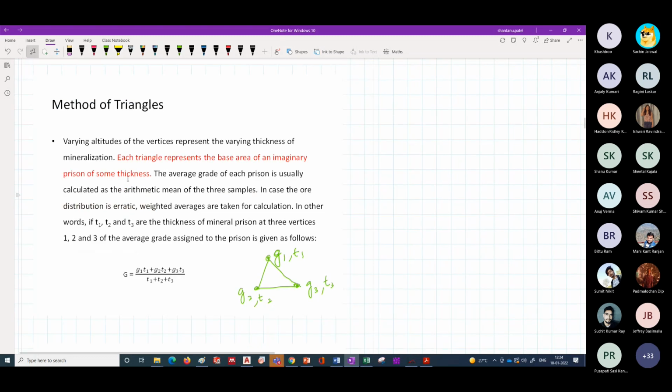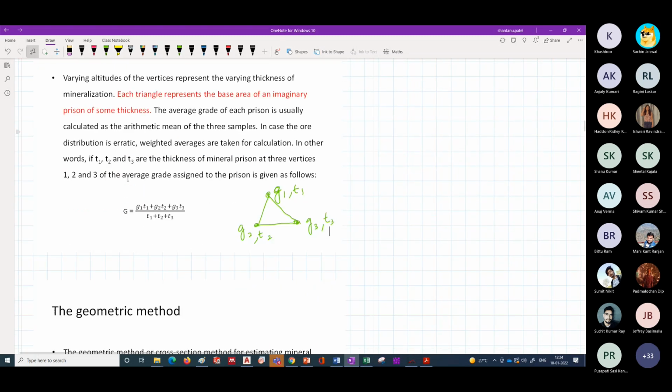Okay, then you can calculate the average grade as this. For this triangle, the average grade G is G1 into T1 plus G2 into T2 plus G3 into T3, divided by T1 plus T2 plus T3. Is this okay?